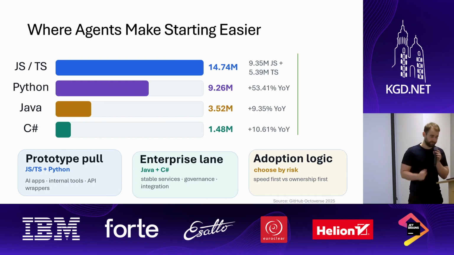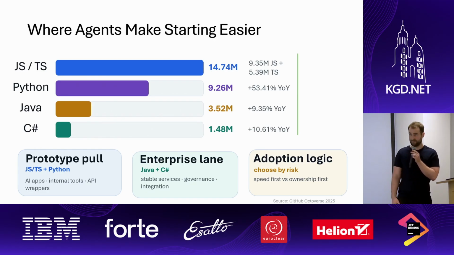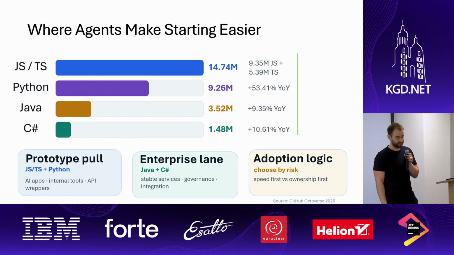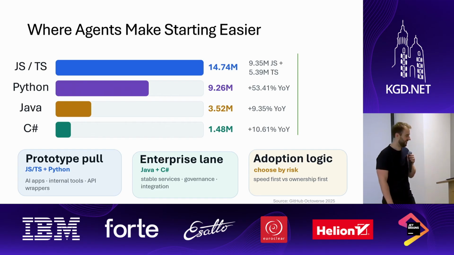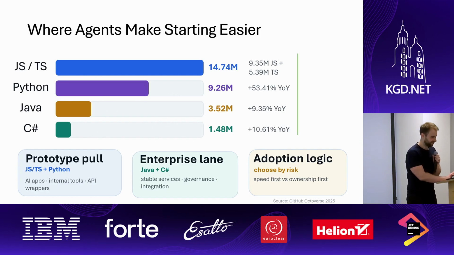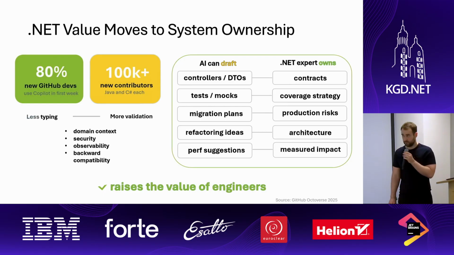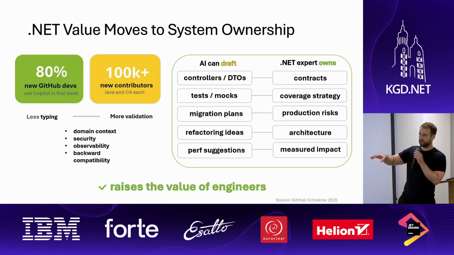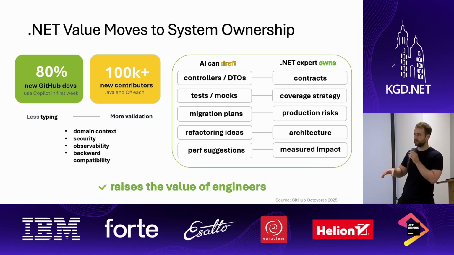What does it mean for us? Well, I don't want to say that we are going to be JavaScript developers, but probably it will happen. We type less. AI can draft controllers, mocks, some plans or ideas.